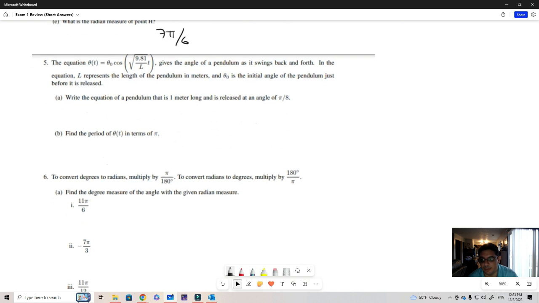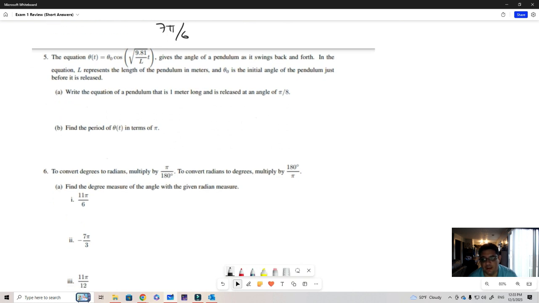Now for question number 5, we have the equation of a pendulum that is given as a sinusoidal function. The pendulum is swinging back and forth, and in the equation, L represents the length of the pendulum in meters, and theta 0 is the initial angle of the pendulum before its release.